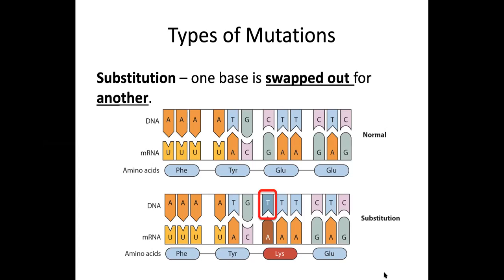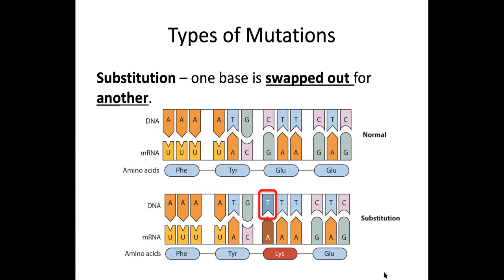What's the difference? The C down here is a different base, so that tells us that there is a mutation. In this case, it's substitution because if you look at the rest of the bases, nothing else has changed. Everything else stays the same. It's just that one letter that is different.